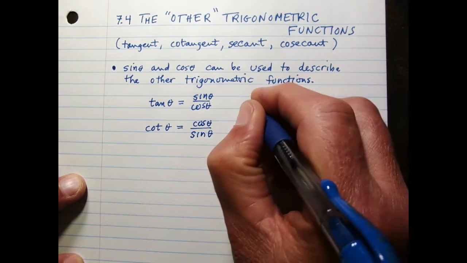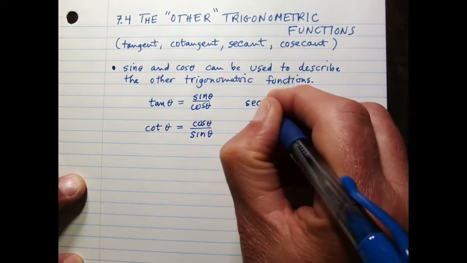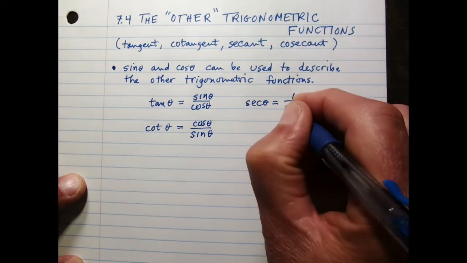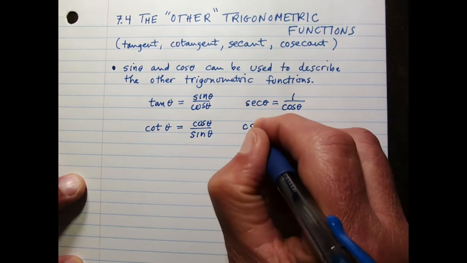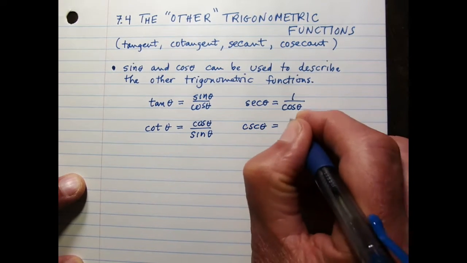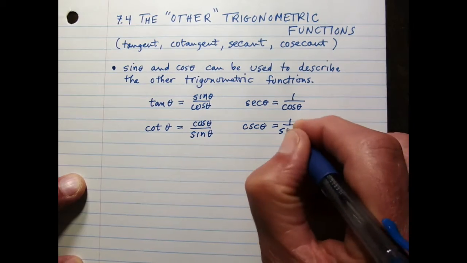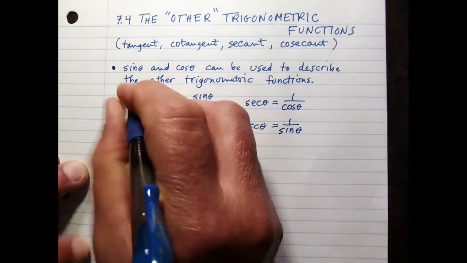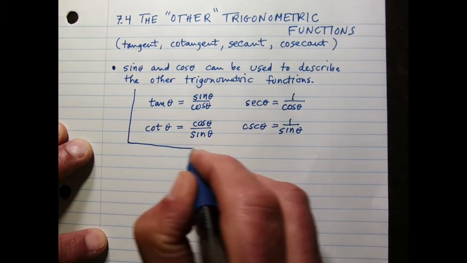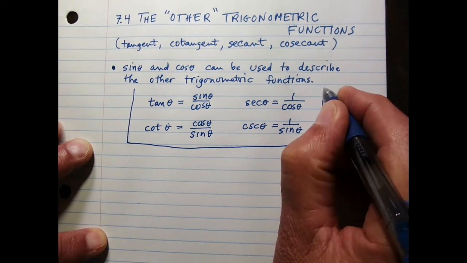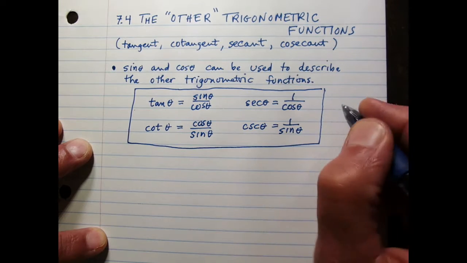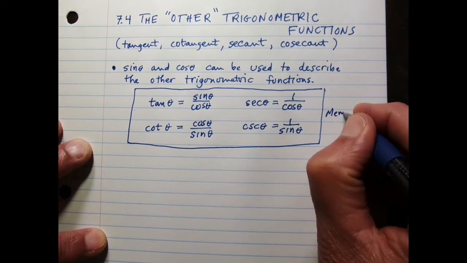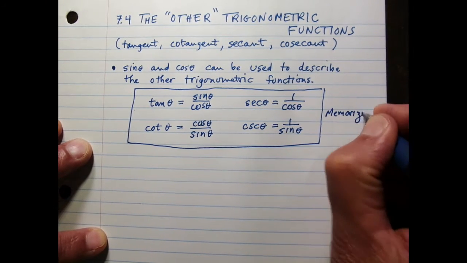And secant theta is 1 over cosine, and cosecant theta is 1 over sine. This is very fundamental, and the main way of keeping track of these other functions is to remember how they're related to sine and cosine.